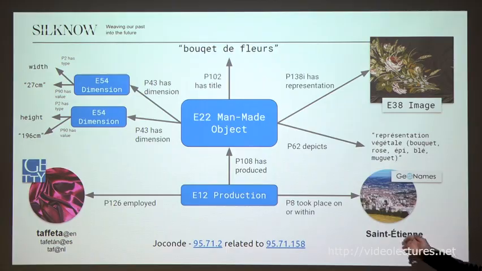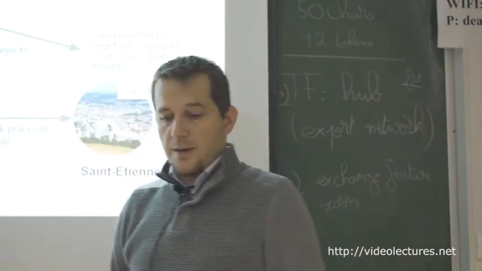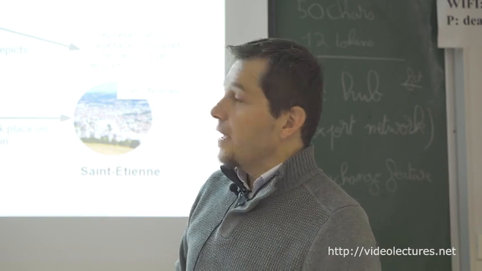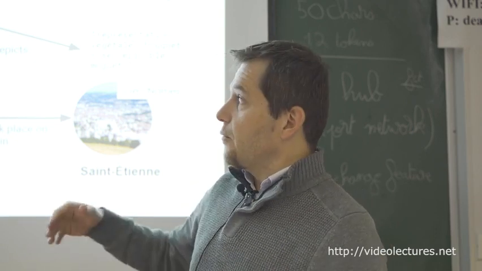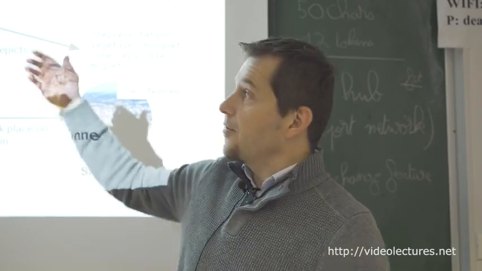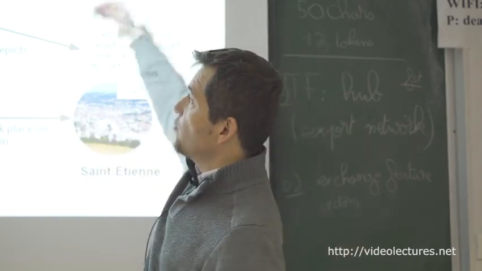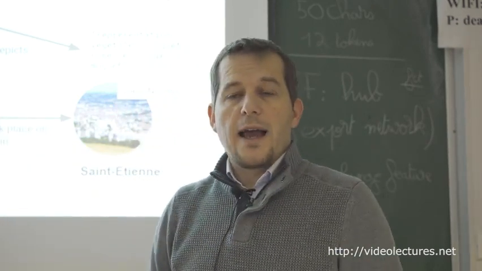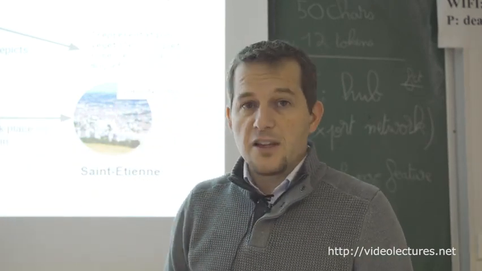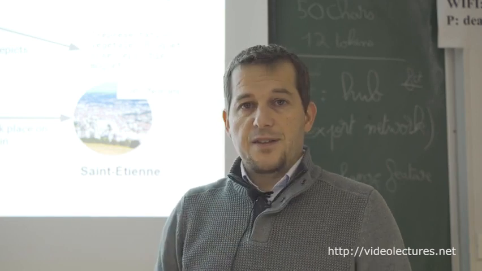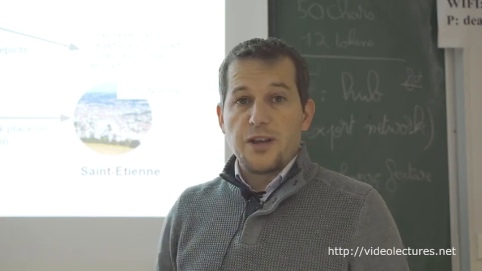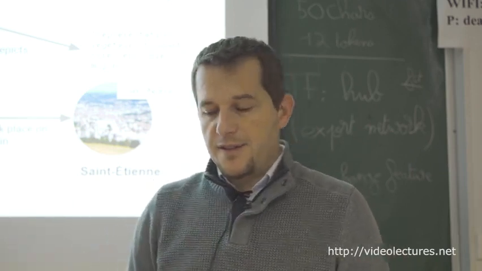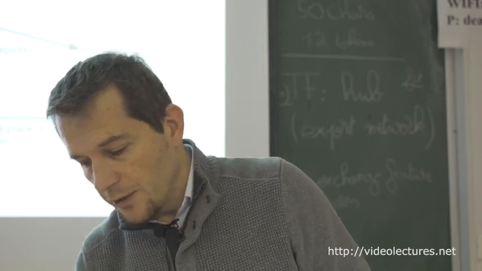We can see that the main object is this artifact that you can see in a museum, and which is being described with a number of properties, being the dimension of the object, its visual representation, its depiction, but also information about the production, like what technique has been used to produce this textile, which material has been used, where and when this textile has been produced, and so on and so on.